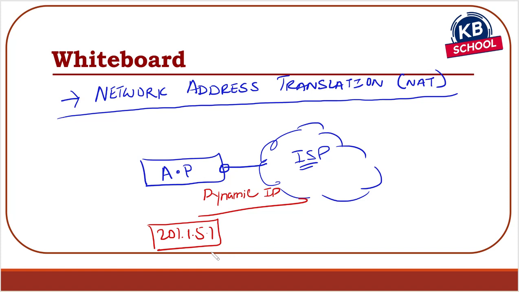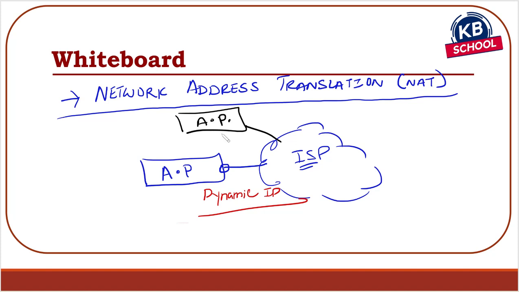Some people wait till 30 minutes. If they see no activity on that link, they pull that IP address away from him and give it to someone else, another individual user that wanted to use the internet. Because he's not using it, I'll give that IP address to him for that time being. So at that point in time, he is the one that will own that address.